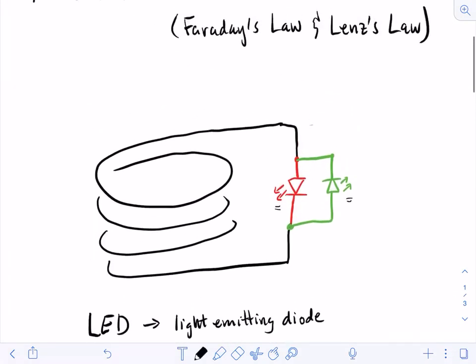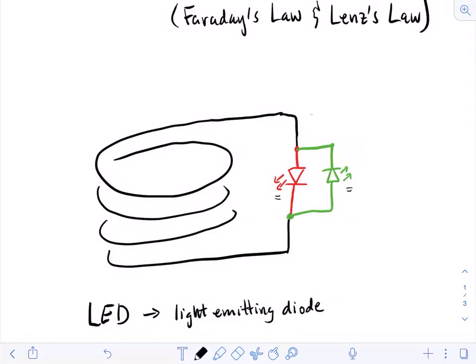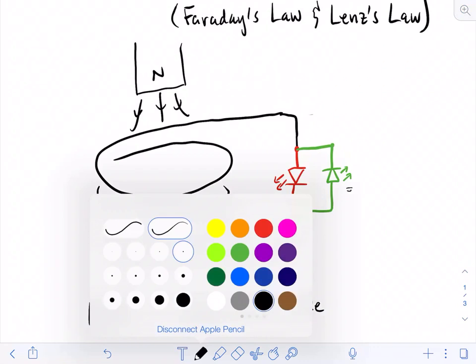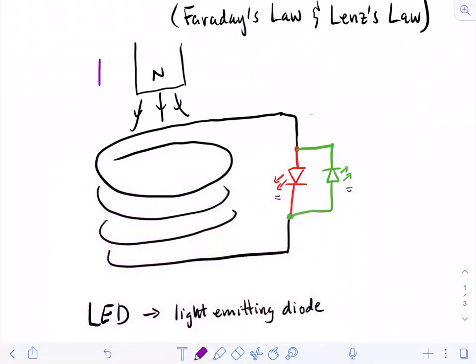Okay, so let's go back to our LED case and our coil, and let's suppose that we took a bar magnet, and suppose this is the north pole of our bar magnet, making a magnetic field that comes out like this. Say, in the first situation, we move our bar magnet towards our coil with some velocity.